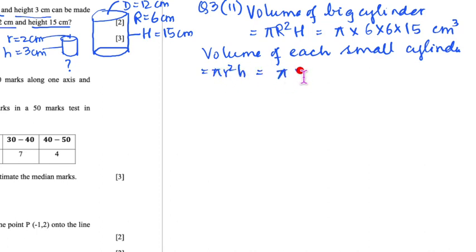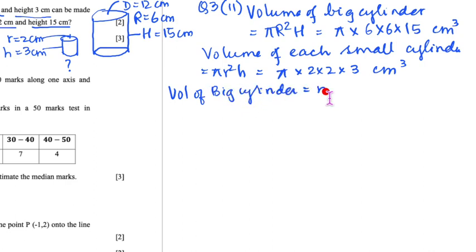So that will be pi into 2 into 2 into height 3, those many centimeter cubes. Now you can say that volume of the big cylinder is equal to n, that is the number of small cylinders, into volume of each small cylinder.